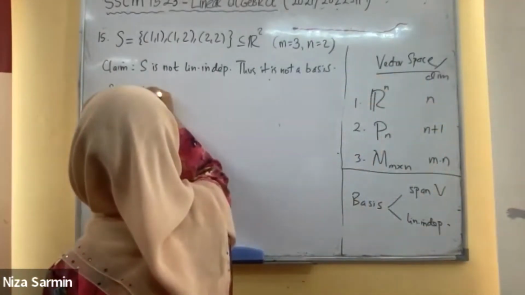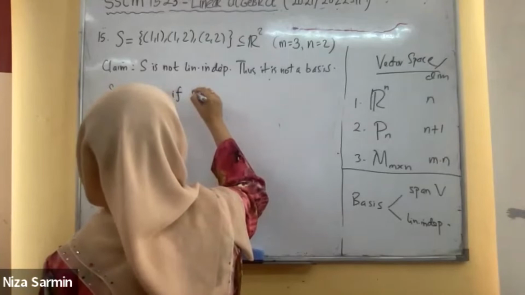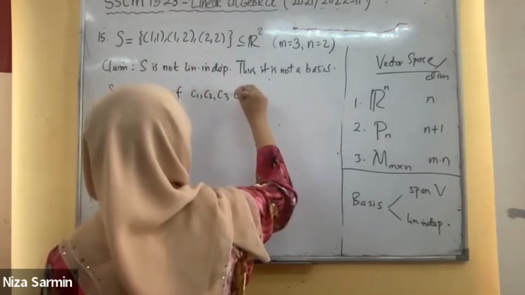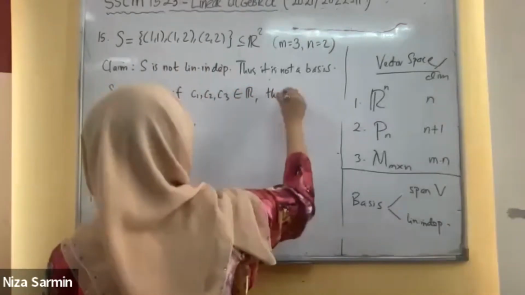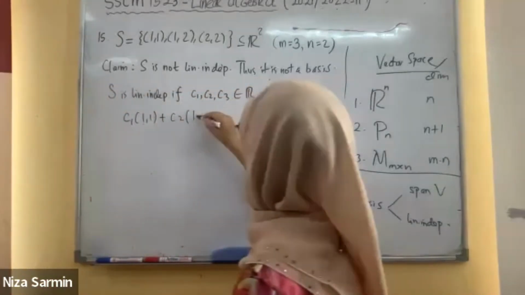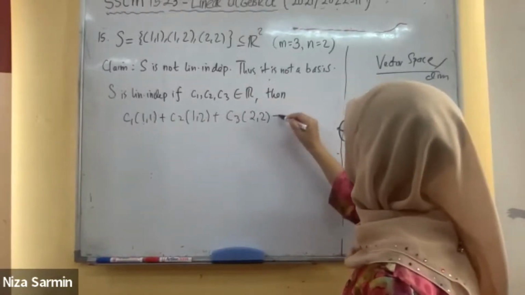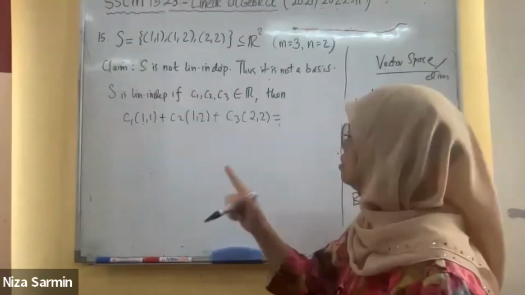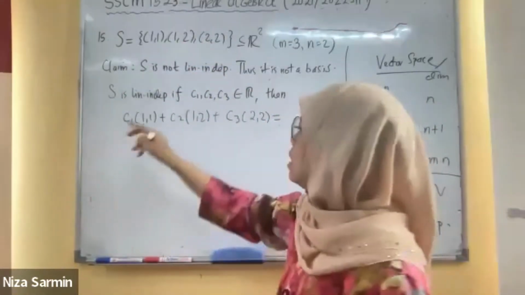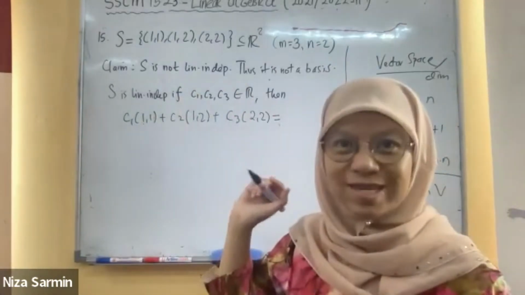S is linearly independent if you have C1, C2, C3 in R, then C1(1, 1) plus C2(1, 2) plus C3(2, 2) equals the 0 vector.